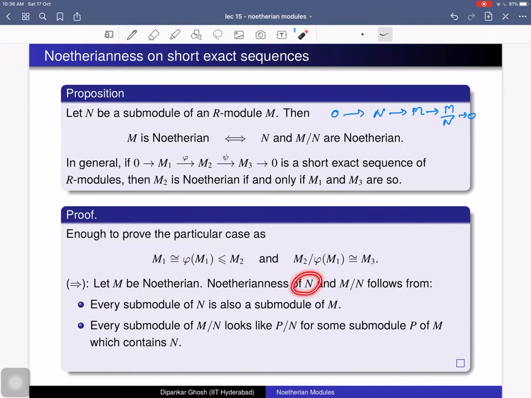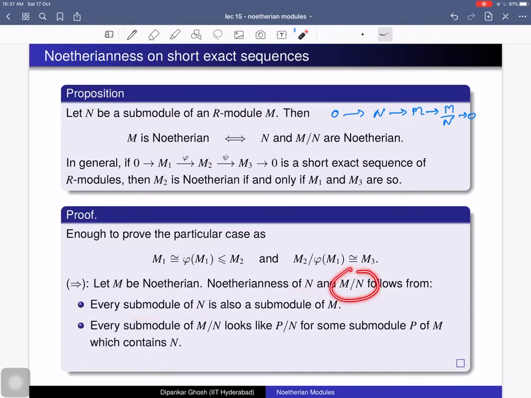A submodule of N is also a submodule of M, and since M is Noetherian, every submodule of M is finitely generated. Therefore every submodule of N is also finitely generated. So N is Noetherian in this way.